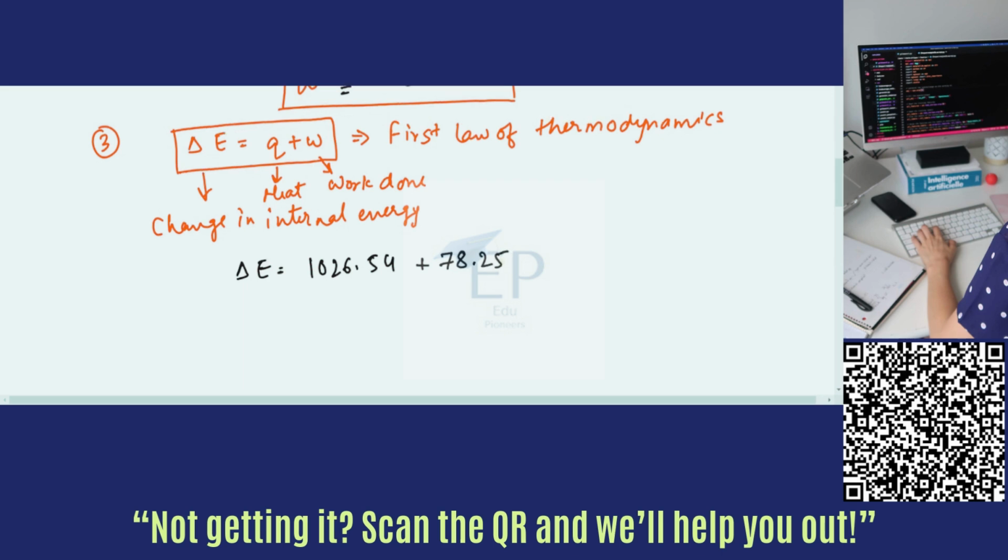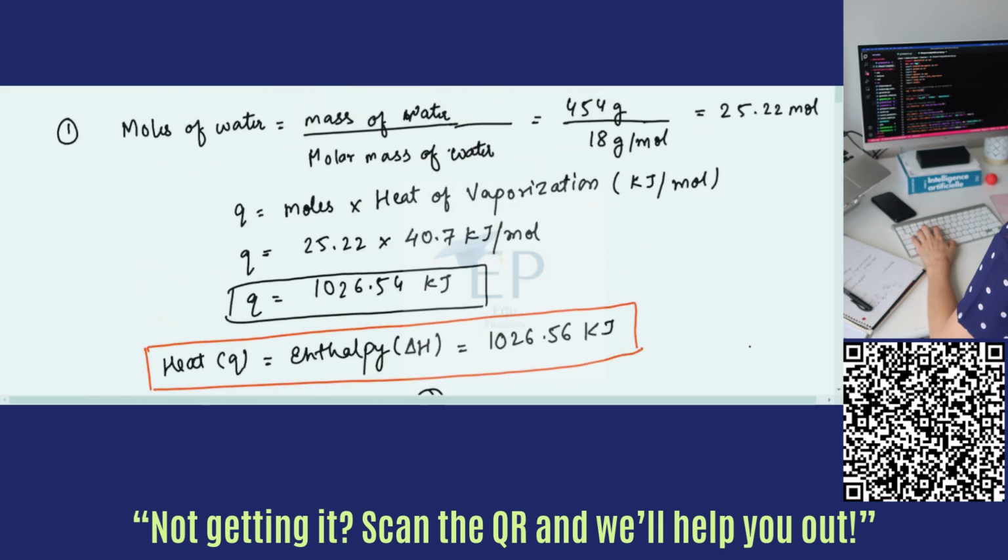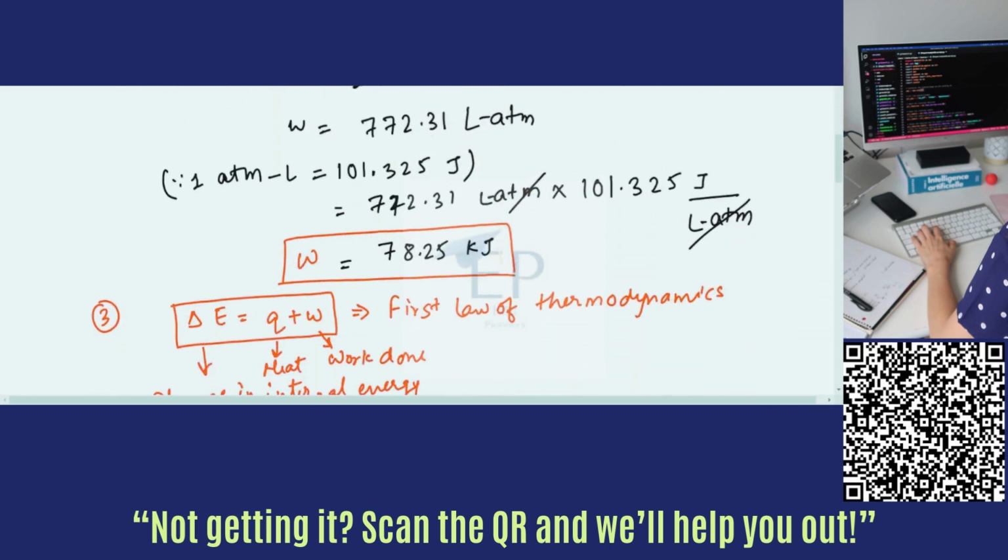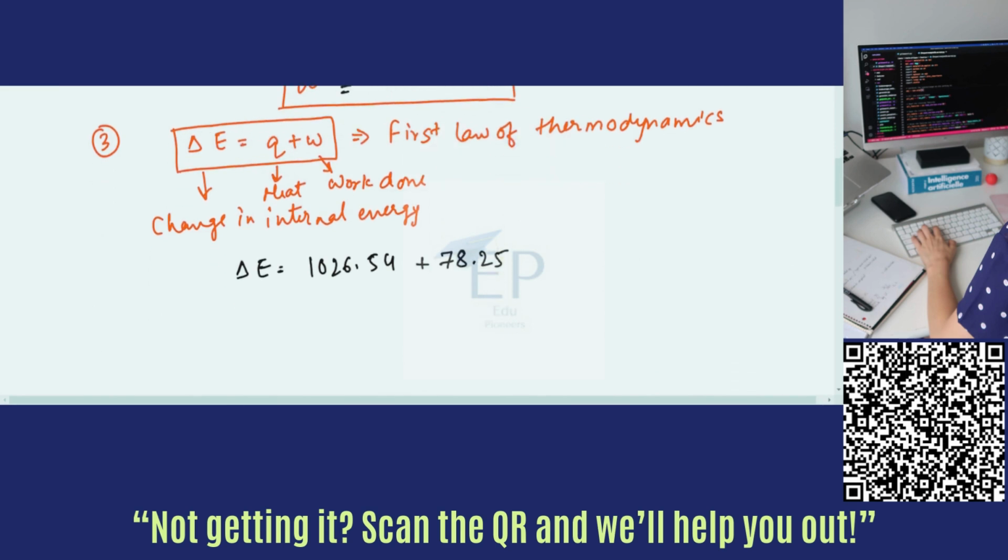Was it in kilojoule? Yes, work done was also in kilojoule. So we can simply add. So del E becomes 1104.79 kilojoules. So this is our answer to this problem. I hope you understood the concept. Thanks for watching.